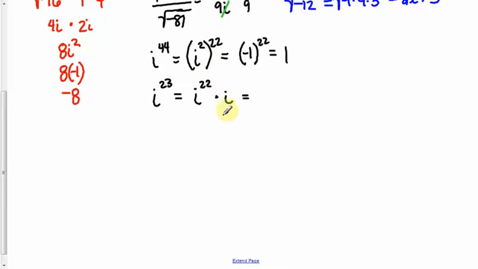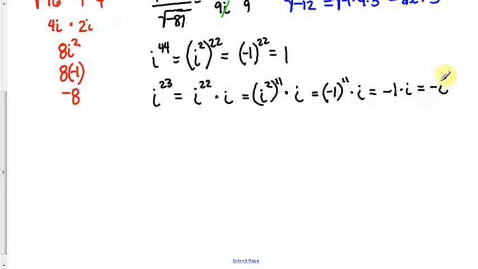Because I know how to write 22 as a power of i squared. i squared raised to the 11th power makes i to the 22nd, doesn't it? And then I bring that times i over. What's i squared? Negative 1 to the 11th power times i. What's negative 1 to the 11th? Negative 1 times i is just negative i.